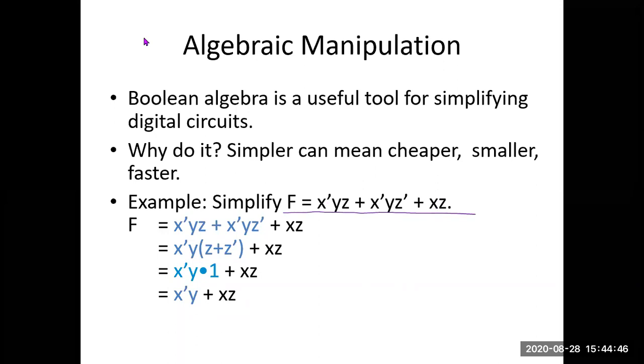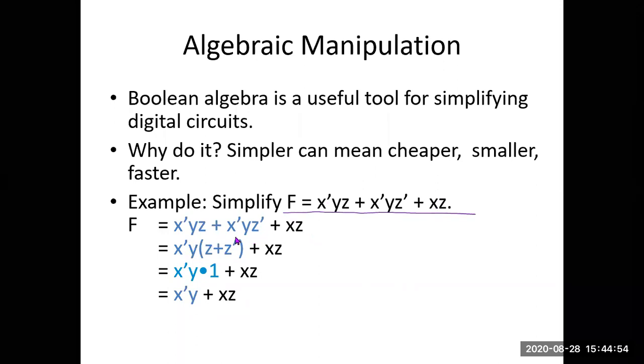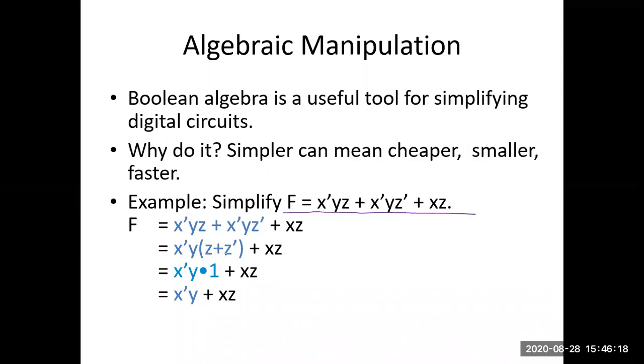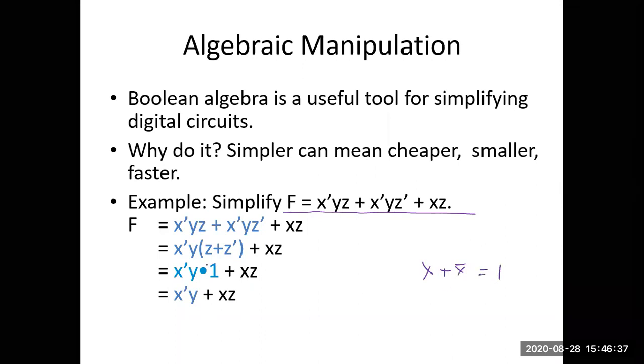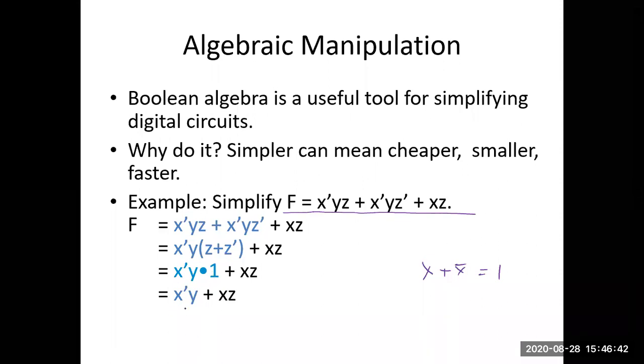When you simplify this, from these two terms you can take x bar y common. After taking it common, you end up with z plus z bar in a bracket. In the previous lecture, you have already seen that x plus x bar is basically 1. So in place of z plus z bar, I am writing 1. If I write 1, I will end up with this, and simplify it further.